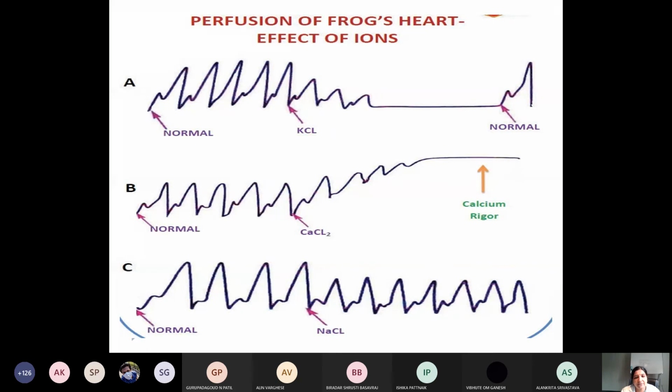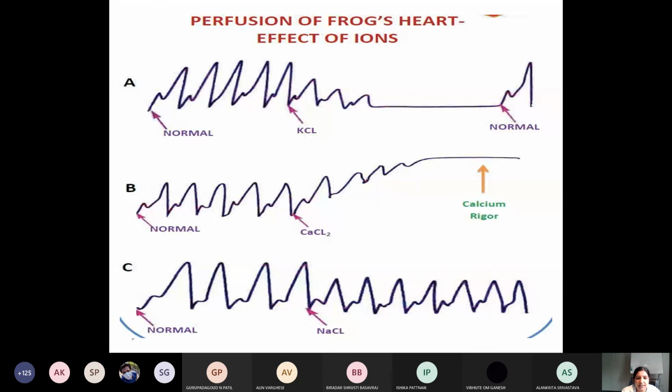So remember these graphs. When the heart remains in a systolic phase, that is called calcium rigor, right? Then the third ion that is studied is the effect of sodium chloride. Now when we apply sodium chloride at this point, it has reduced the amplitude, meaning the force of contraction of the heart is decreased, but the rate may remain the same or may increase also.